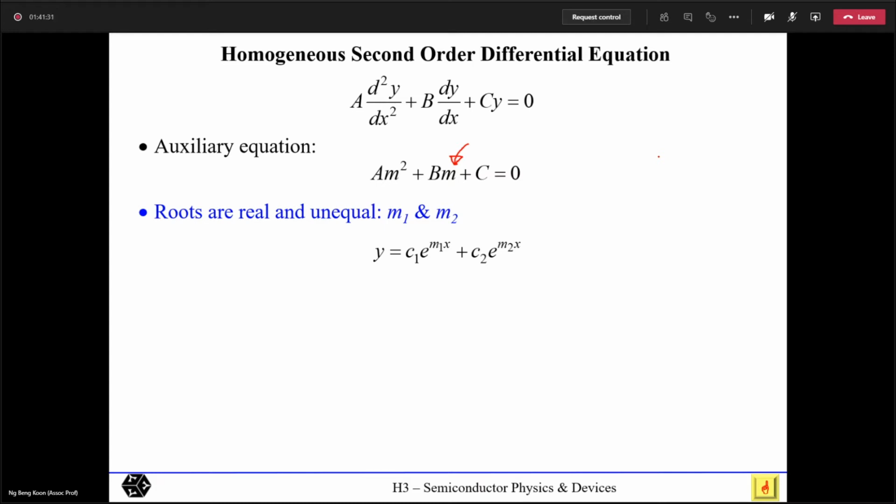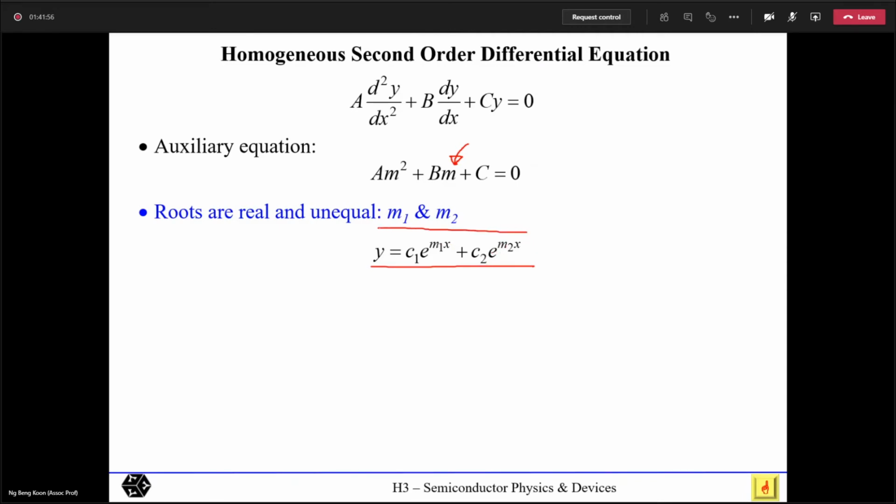If m1 and m2 are real values and they are not of the same value, then the general solution for this second order differential equation will be given by this expression here. The solution for y will be some constant c1 multiplied by exponential m1 of x plus c2 multiplied by exponential m2 of x.